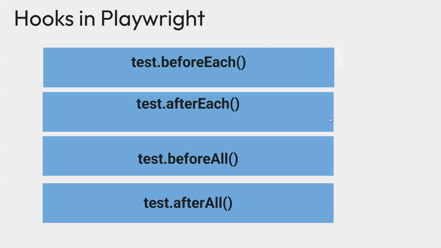Playwright hooks are the functions that get executed at each lifecycle stage. As per the latest version of Playwright, which is 1.60, currently there are four hooks available. Let's understand at which point in time these hooks get automatically executed.